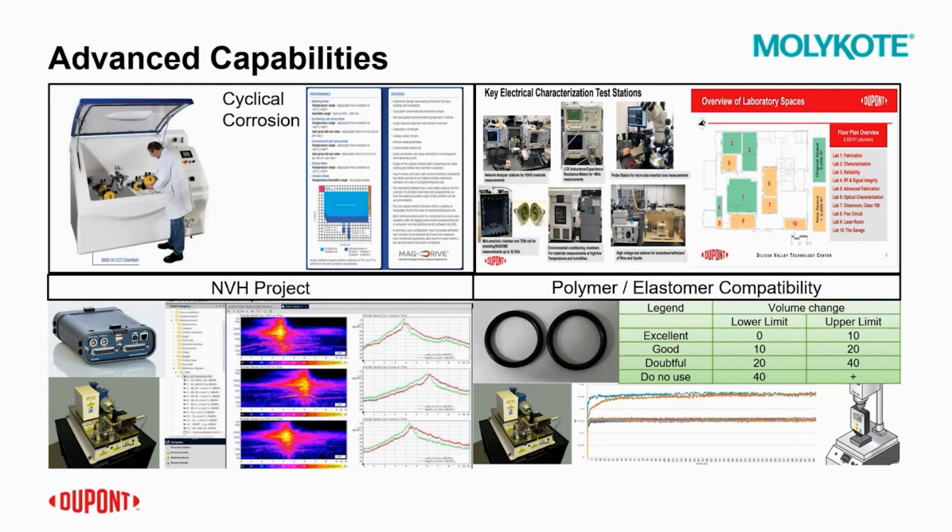Electrical characterization testing also allows us to find tailored dielectric grease solutions for specific electrical applications. And polymer and elastomer compatibility testing allows us to find tailored solutions for the lubrication of seals and O-rings for a variety of different markets as well.